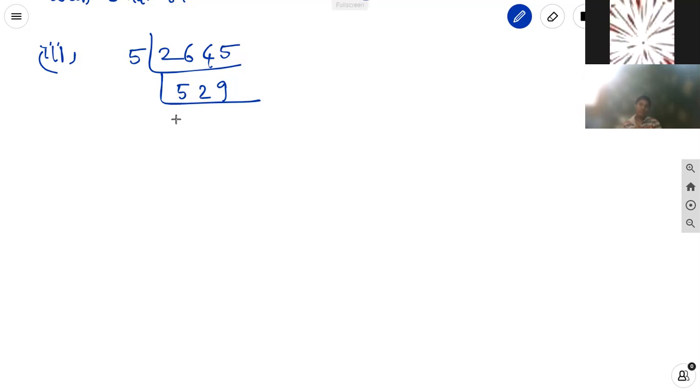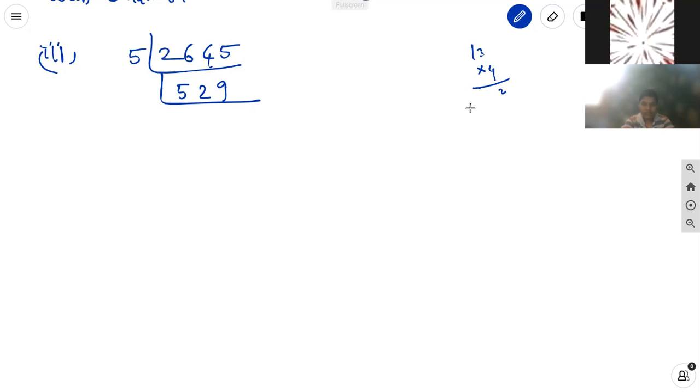7 sevens are 49, 39 will come. No, 7 is not. 11: 11 4s are 44, 44 means it's 8, 89. No. 13: 13 4s are 52.